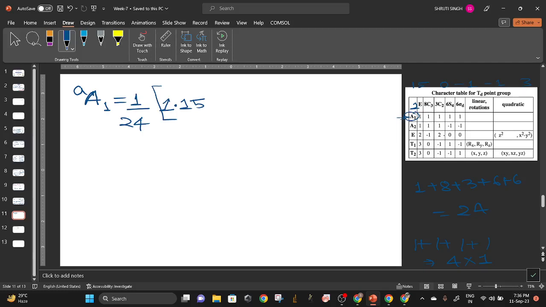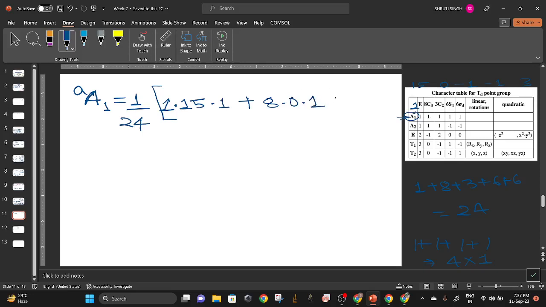We don't have to consider all these, just this row, which is 1. So that gives 15. Next, the coefficient 8, times the character in the reducible representation, 0, times the character under the irreducible representation, which is 1.